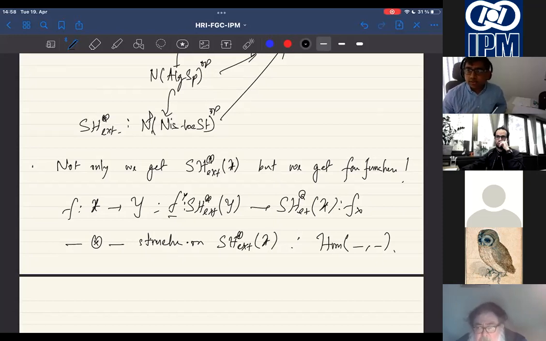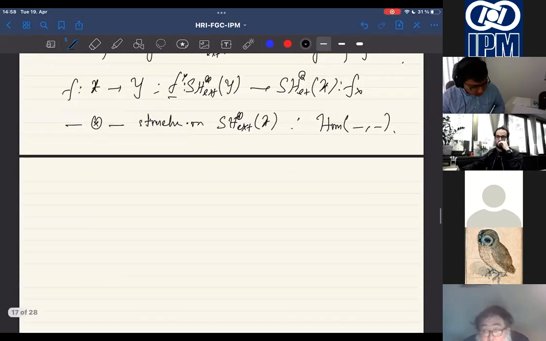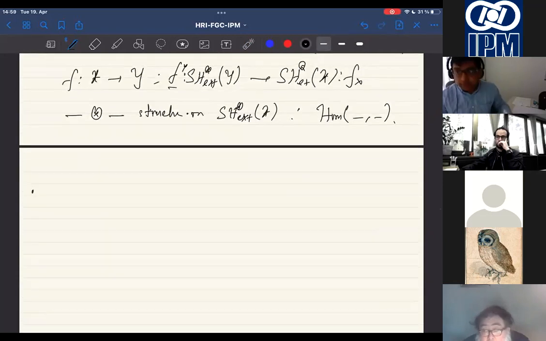So you not only define this infinity category SHE of X, but we also get these four functors for free from this theorem. And now the main goal is to understand how these exceptional functors f lower shriek and f upper shriek are defined. I'm not going to say much about it, because this is the most technical part of this whole construction.